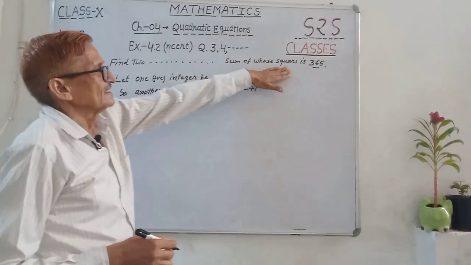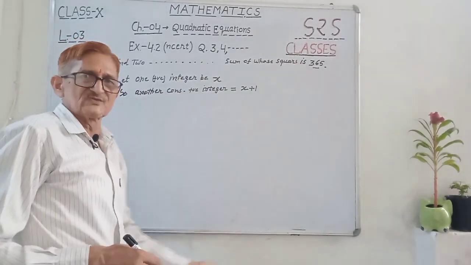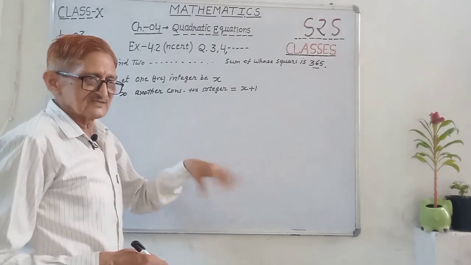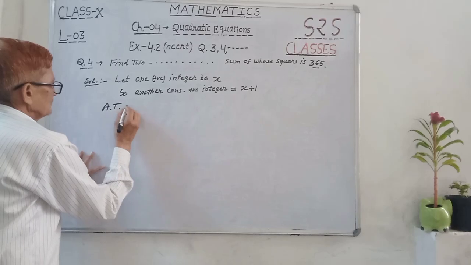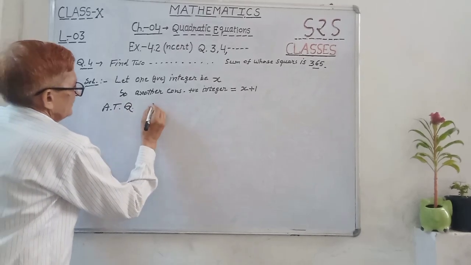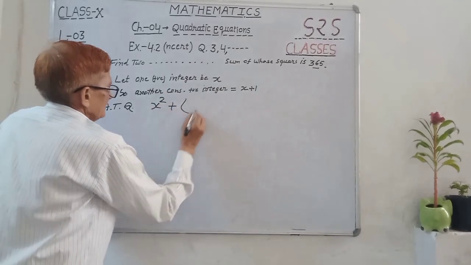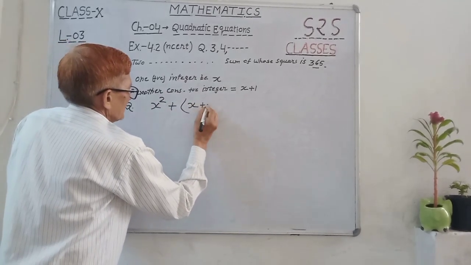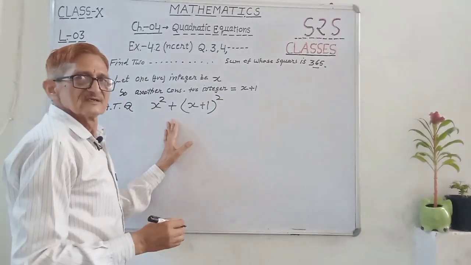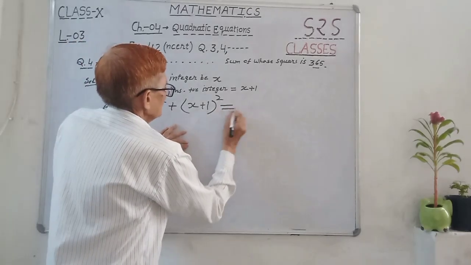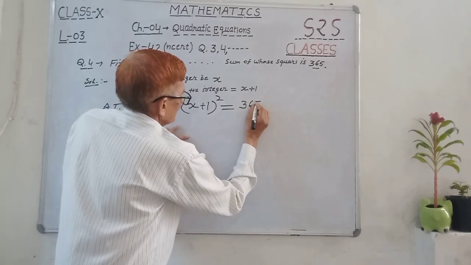And what is the condition saying? Sum of whose squares. According to the question, squares sum: x square plus the square of the other number, x plus 1 whole square. Squares sum means plus, is equal to 365.